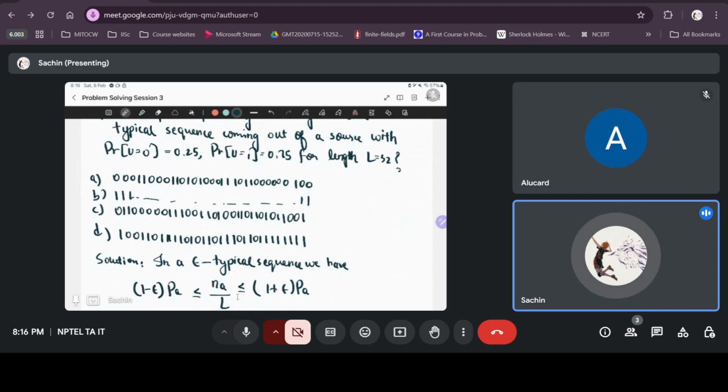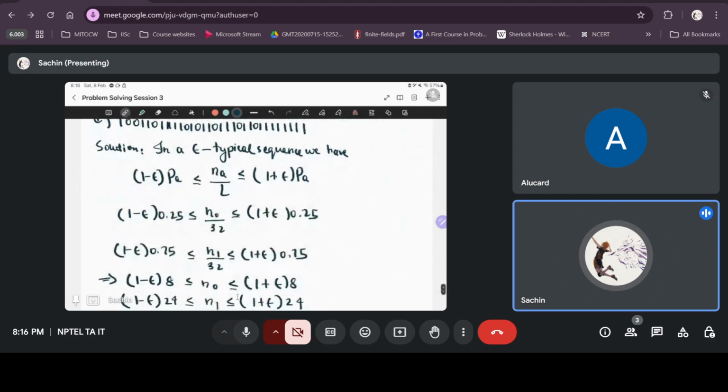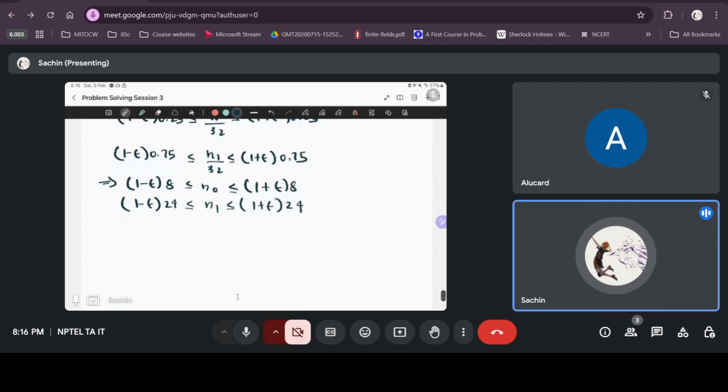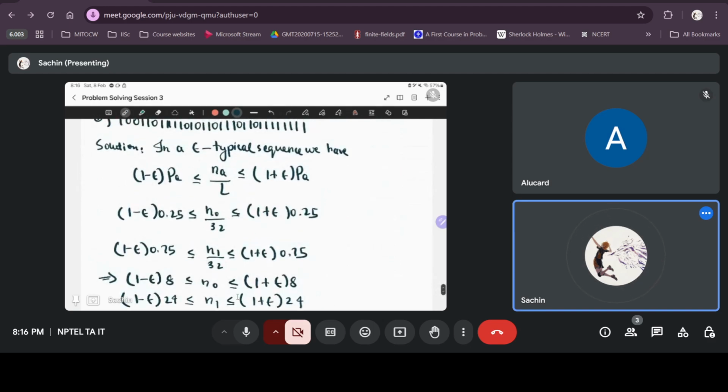Option A has, let's see, 1, 2, 3, 4, 5, 6, 7, 8, 9, 10, 11. Already it's more than 8 zeros, much more than 8 zeros. So that's not a typical sequence. You need about 8, it should be around 8 zeros. Depending on epsilon, it could be.